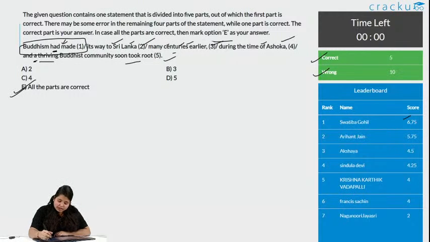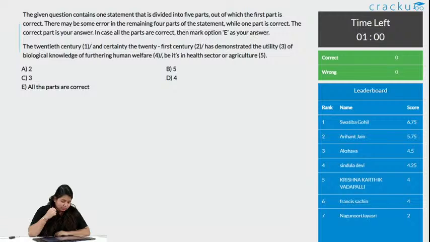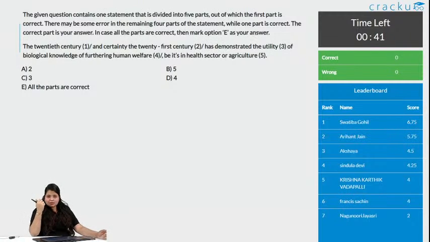Let us go to the next question, and this is the last question. Chalo, let us see this last question, maybe the deciding one, that who is among the top 3 people.